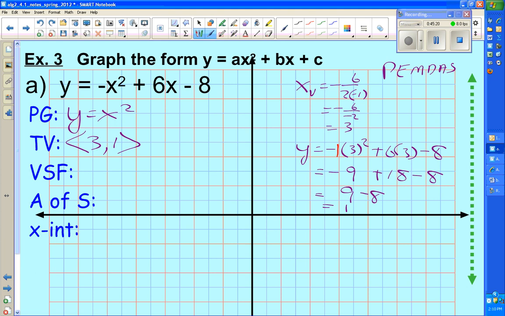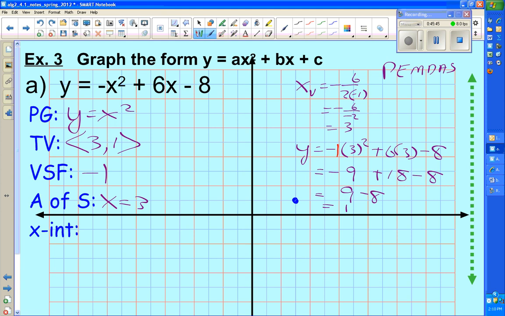What's the vertical stretch factor? Careful. Negative 1. The axis of symmetry has to be x equals 3, and we'll find the x-intercepts later. Okay, so 3, 1, right here.